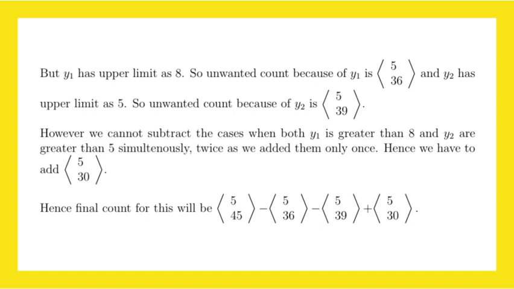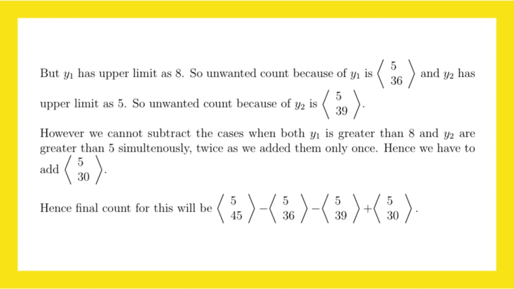But then we will find that if y1 and y2 are simultaneously greater than 8 and 5, we will have to add the case of simultaneous existence of y1 and y2 greater than the required limits as inclusion, and therefore that will be 5 elbow 30. 5 elbow 30 needs to be added.